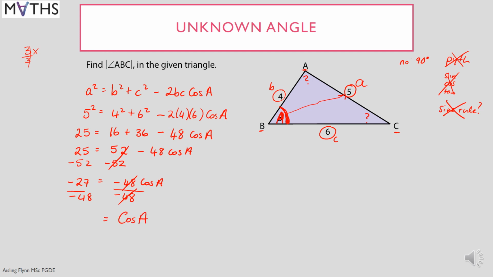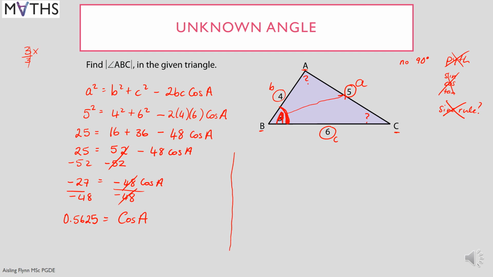So we get cosine A on the right hand side, and when you divide the minus 27 by the minus 48, I get 0.5625. Alright, so here we've reached an answer for the cosine of angle A, 0.5625.